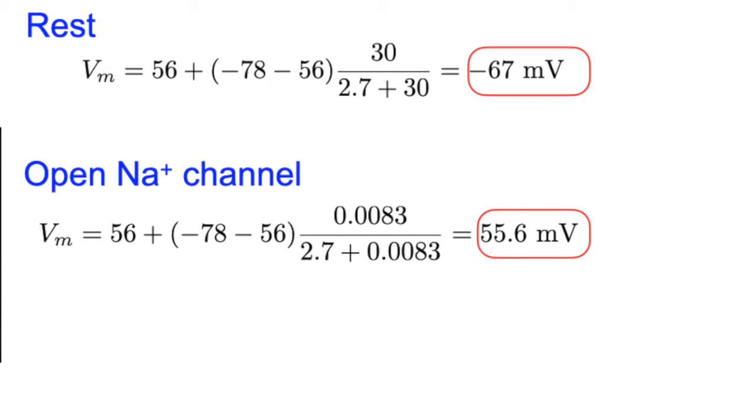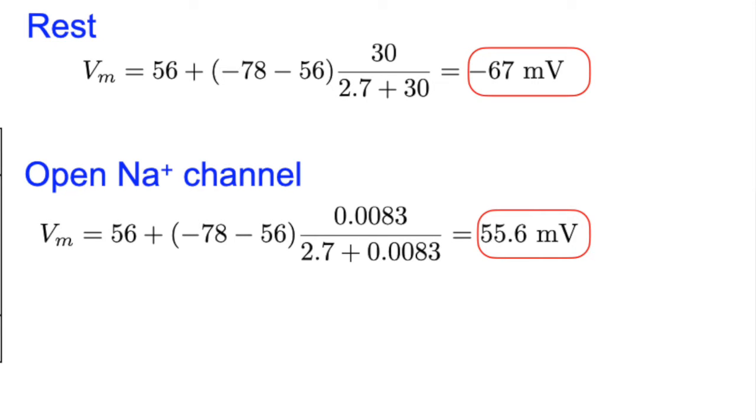That's the resting potential we saw before, very close to the potassium equilibrium potential, which we see from the table is minus 78 millivolts. But now in the open sodium channel situation, we have a massive drop in the sodium resistance.